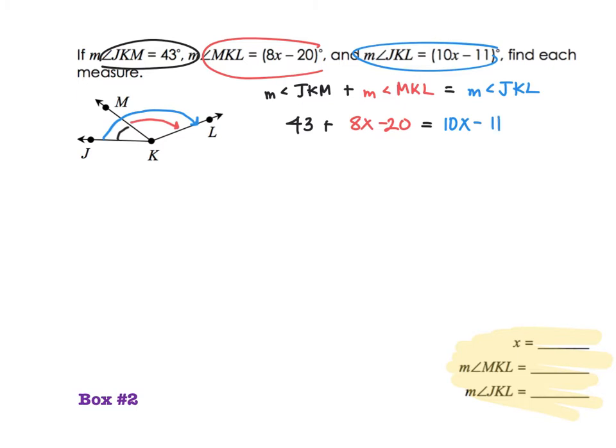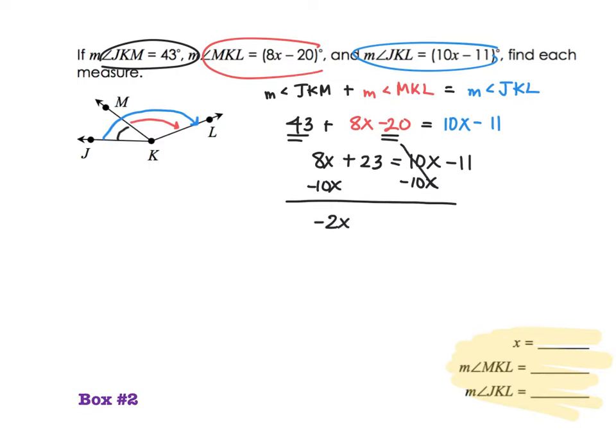Notice that this is just algebra now. All I'm doing is solving an equation, combining like terms. So I have 8x, then the 43 and the negative 20 gives me plus 23, is equal to 10x minus 11. Subtract 10x on both sides. These cancel, and I have negative 2x plus 23 is equal to negative 11.